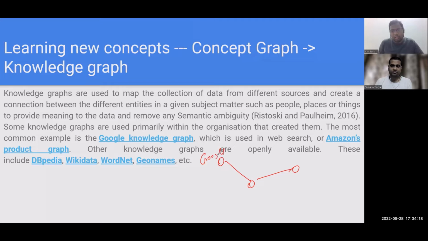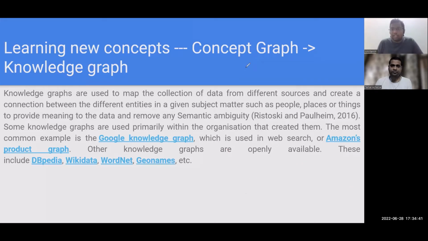Let's say Google is somehow connected to internet search, okay, but search is also dependent on artificial intelligence, right? And so on. I can start making these massive connectivities, and search could also be dependent on different ideas of computer science. So on, and one could start to build these kinds of massive knowledge graphs.